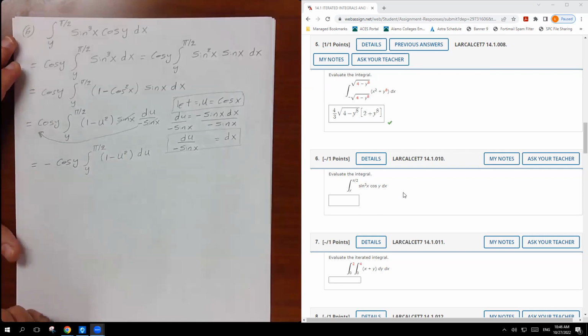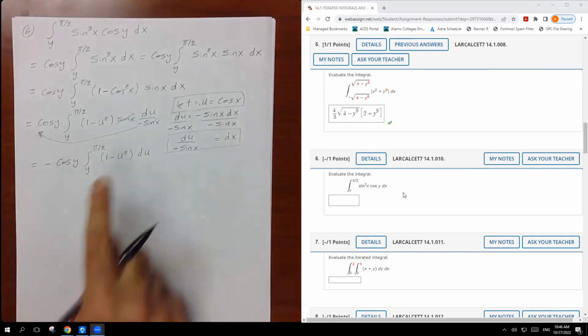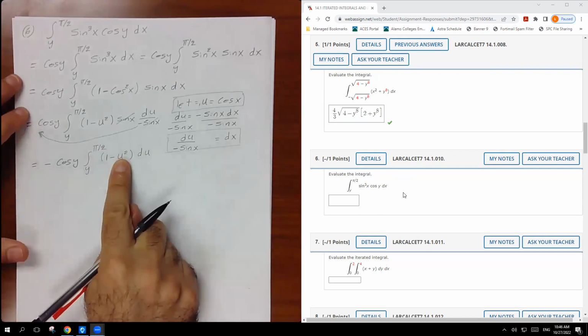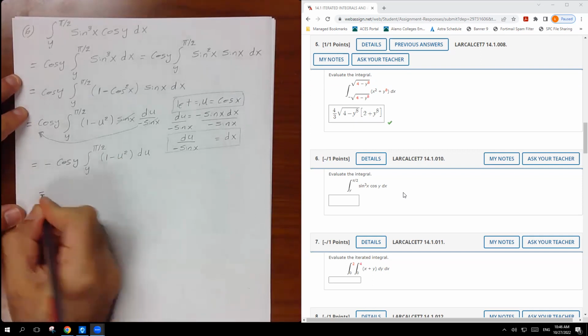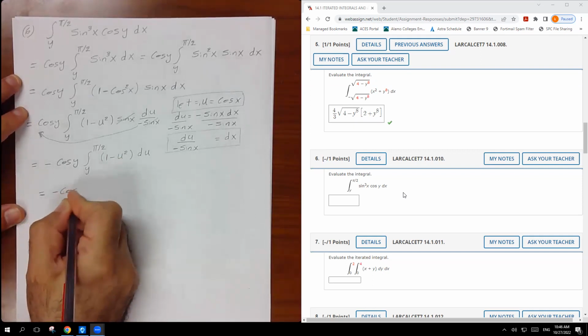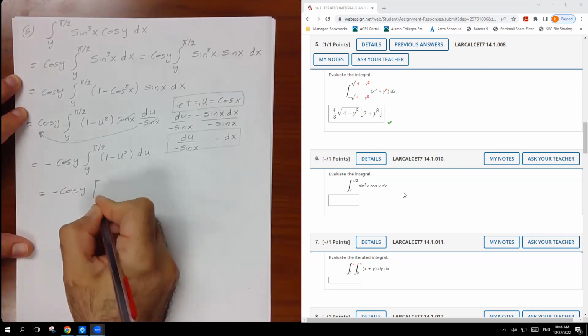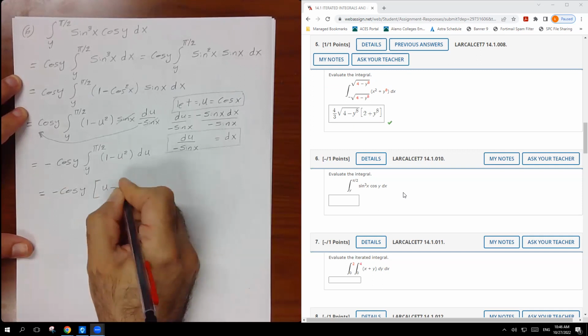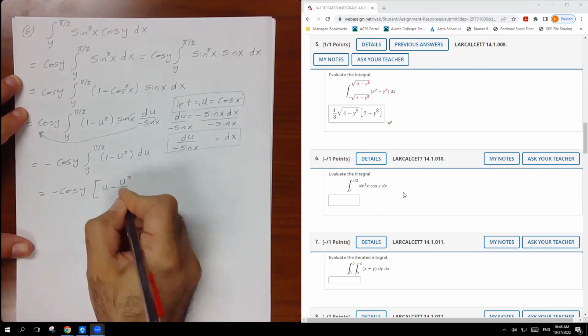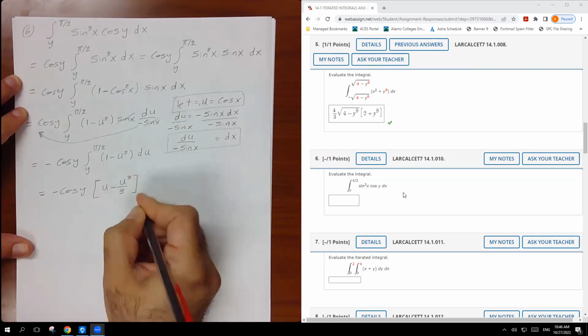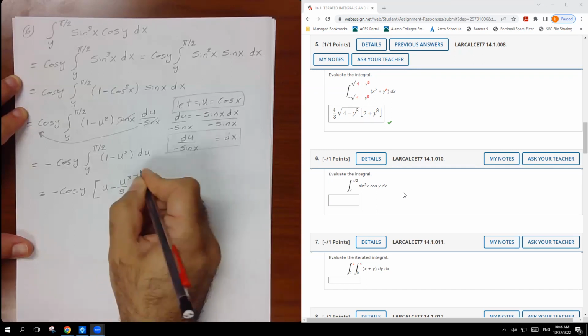Now this is easier to work on. Find the integral for this one. So this one is equal to negative cosine y, and this one is going to be u minus u cubed over 3, from y to pi over 2.